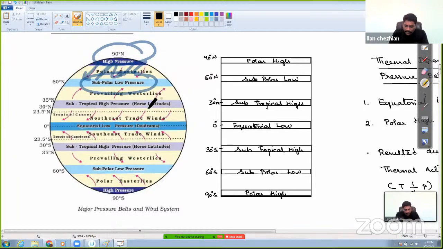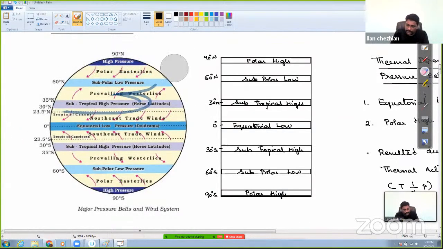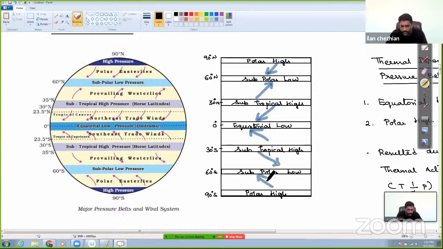From subtropical high, we have wind moving towards both the low pressures: subpolar low, and similarly equatorial low. So always wind moves from a high pressure to low pressure. Only depending upon the location of the high and low pressure, we can better understand the movement of wind.